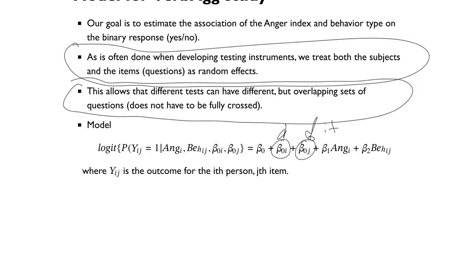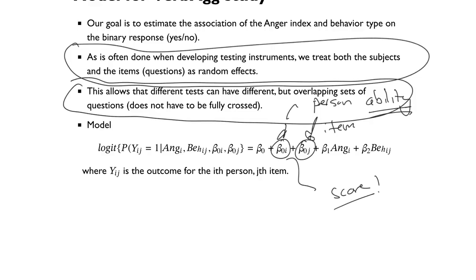This is item. This is sort of the person. It's not really ability. We're not talking about ability, but in a testing context, it's like the person's ability, and this could end up being their score in the end. So it relates both to what we're doing in this lecture, but also kind of last lecture, when you can predict these things post hoc and get empirical Bayes estimates of them.